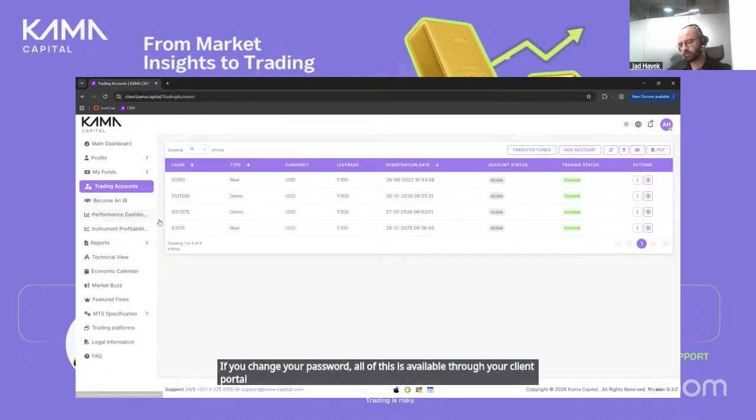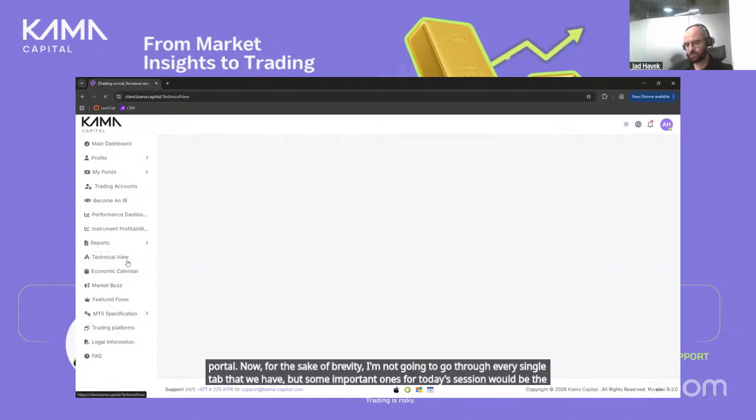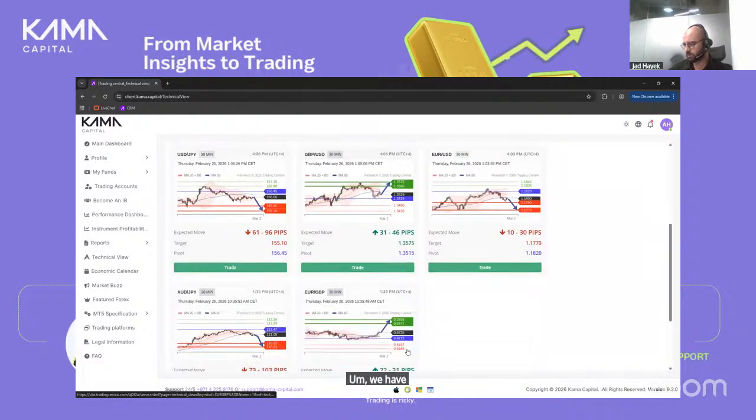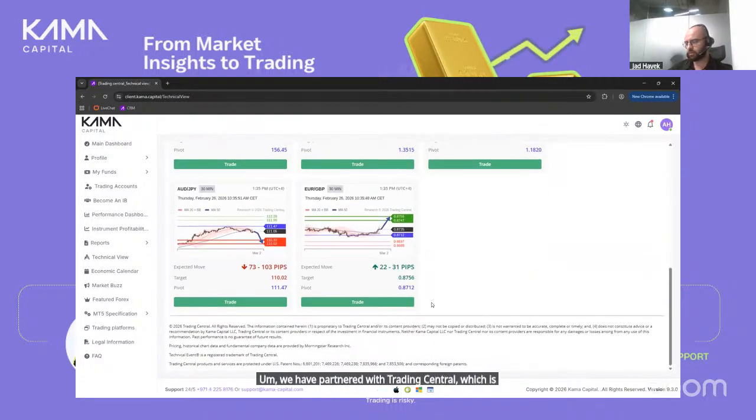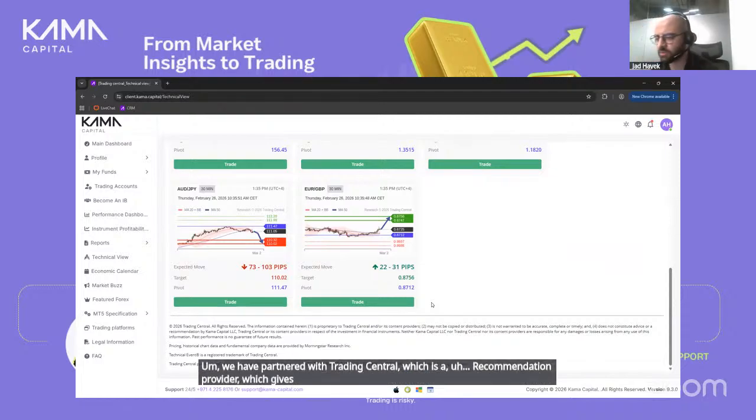Now, for the sake of brevity, I'm not going to go through every single tab that we have, but some important ones for today's session would be the technical view section and the economic calendar. We have partnered with Trading Central, which is a recommendation provider which gives us insights produced by their team of experts, as well as AI analysis that they conduct.